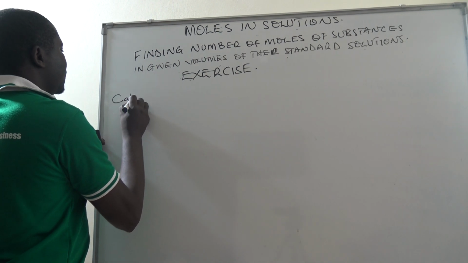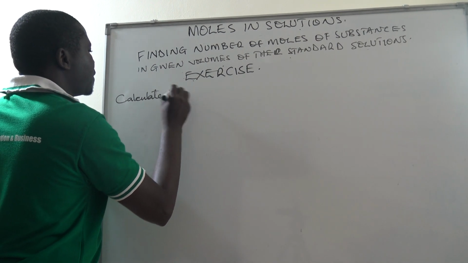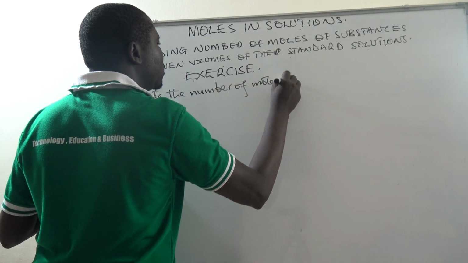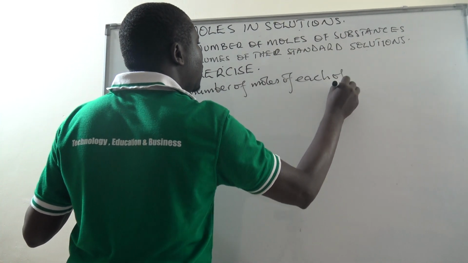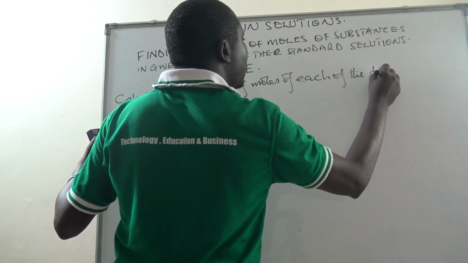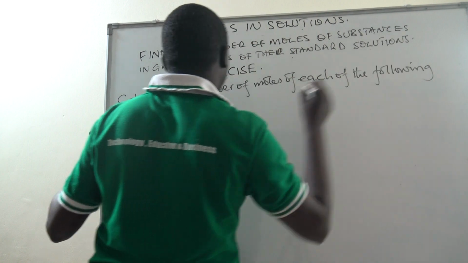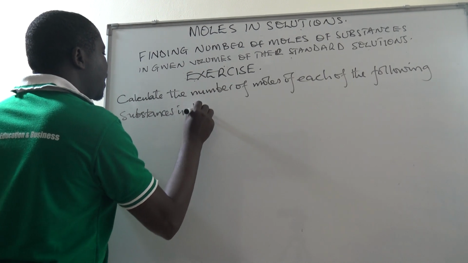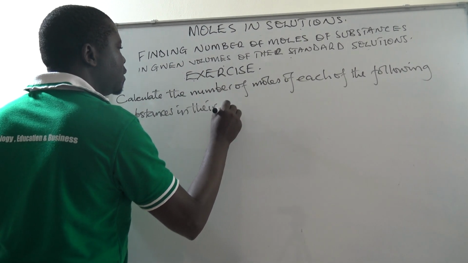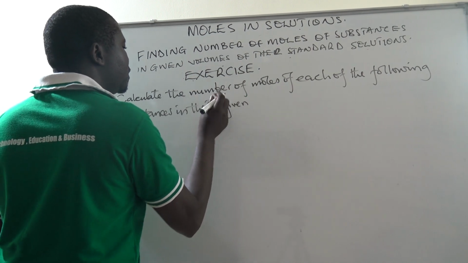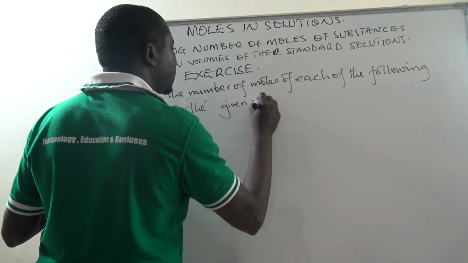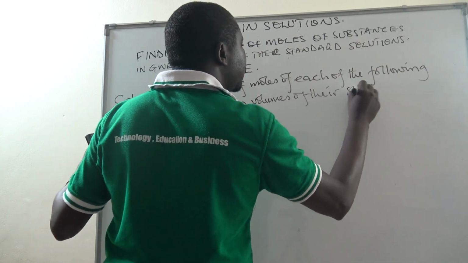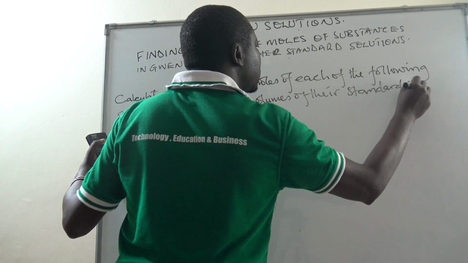So, calculate the number of moles of each of the following substances in their given volumes of their standard solutions.